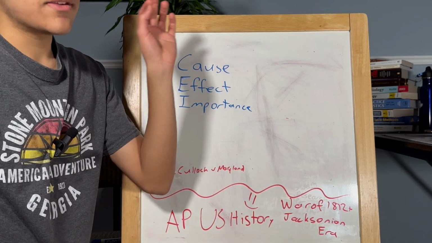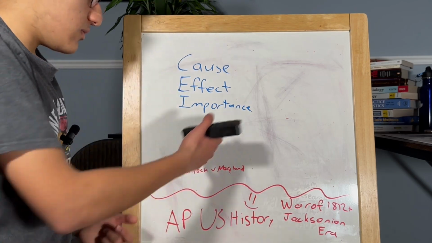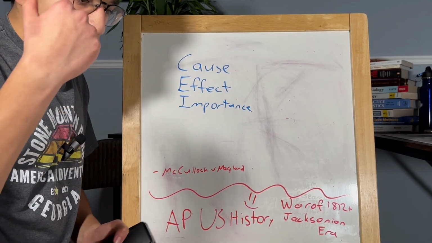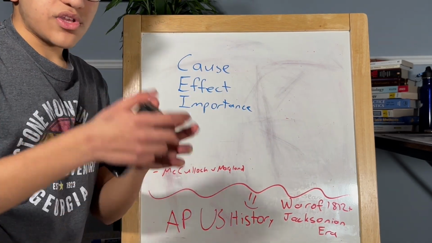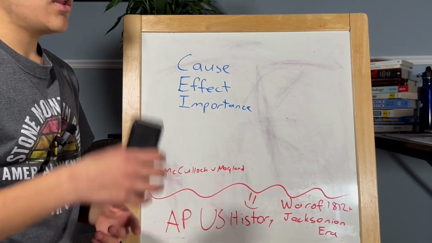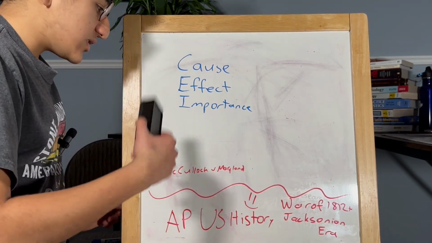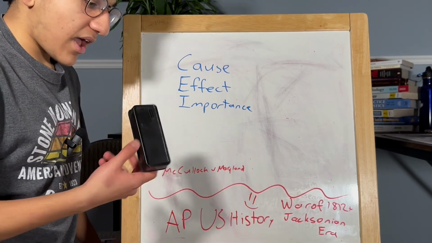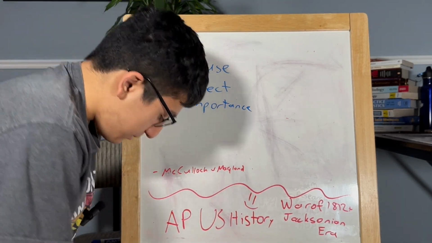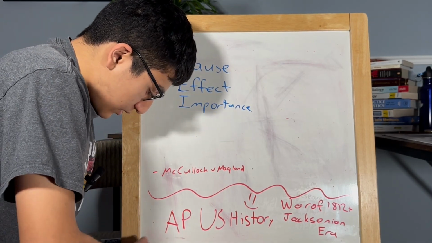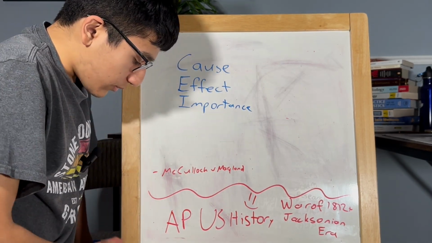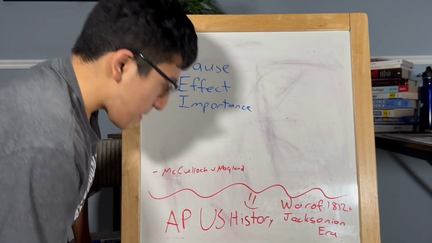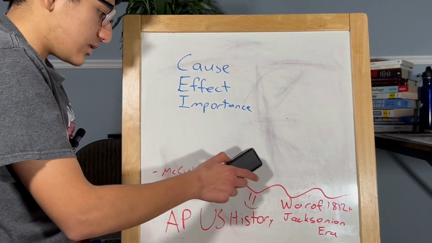They couldn't do that because the Marshall Court invoked the contract clause. The government can't impede upon private contracts. In essence, it promotes economic growth by promoting individual or private property. So that's it.